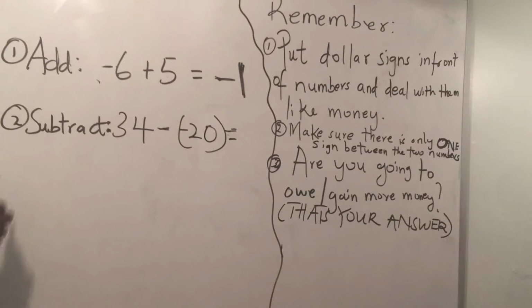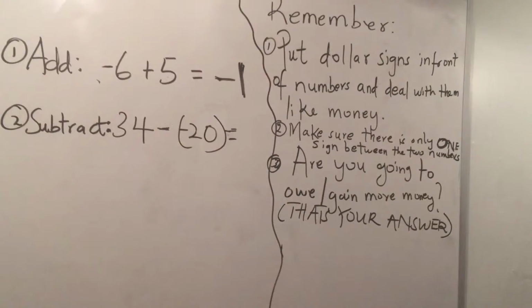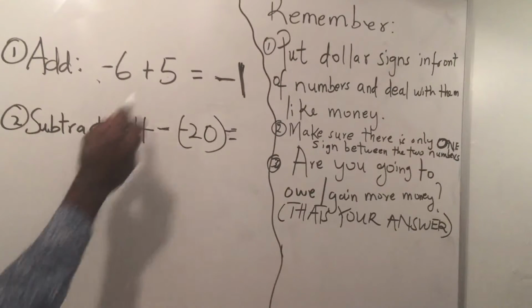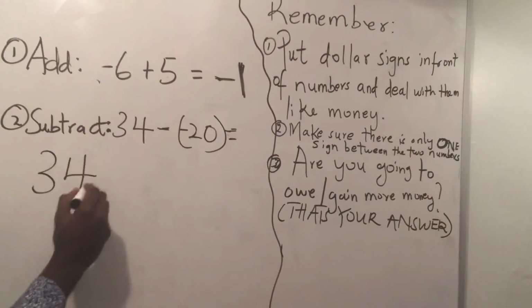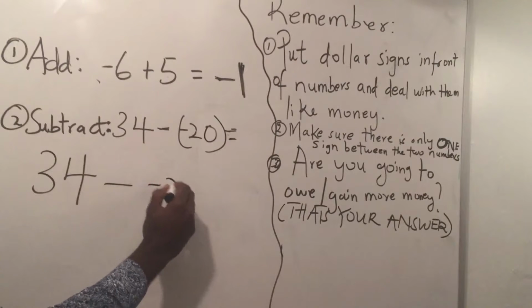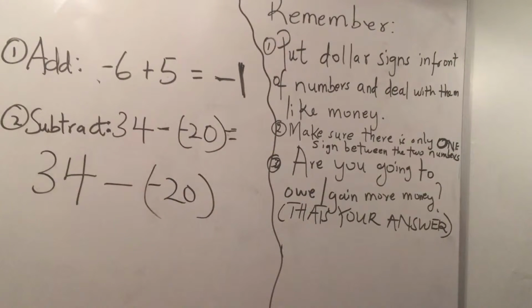So the next one, it says subtract 34 minus -20. So again, we're going to use those 3 steps to do this also. So 34 minus -20, right? Again, we have to put dollar signs in front of the numbers.